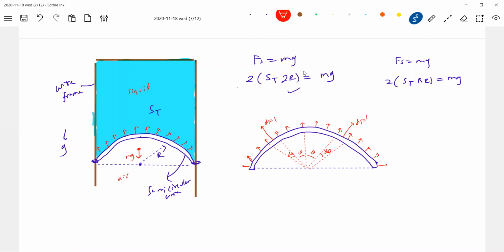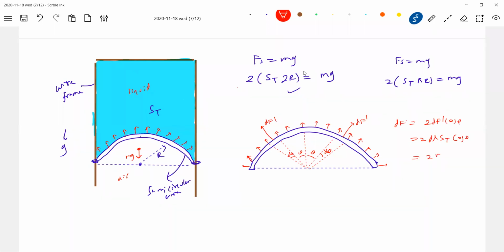The same thing, once again, I'm bringing it. Then what should the net force be? 2 dF dash cos theta. dF should be equal to 2 dF dash cos theta. What is dF dash? dL into surface tension, into cos theta. dL is what?